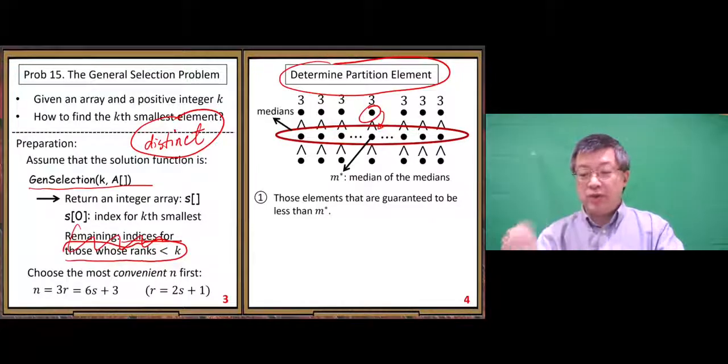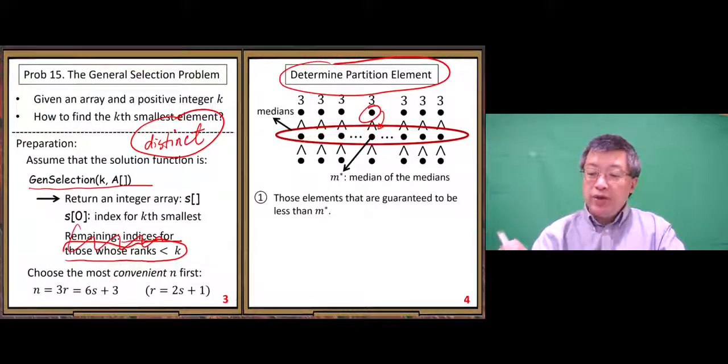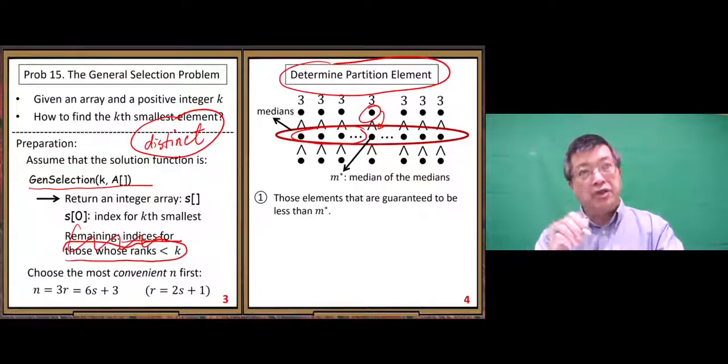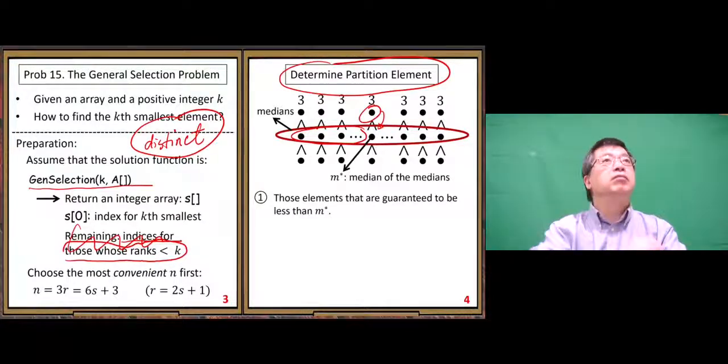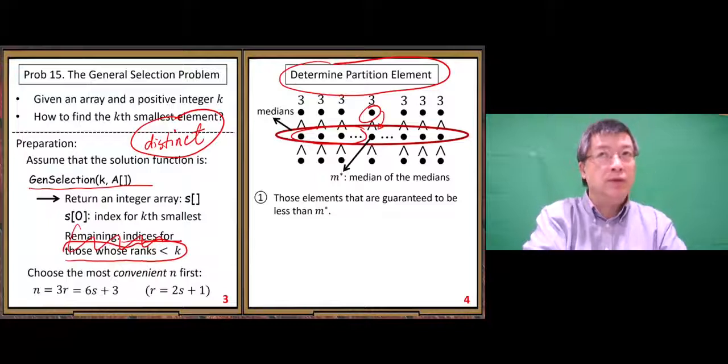Based on that assumption, we have that. Is this one guaranteed smaller than that? Yes. Is this one guaranteed smaller than that? Yes. So you can see within the red circle, all the elements at the left-hand side of this M star are less than this M star element.